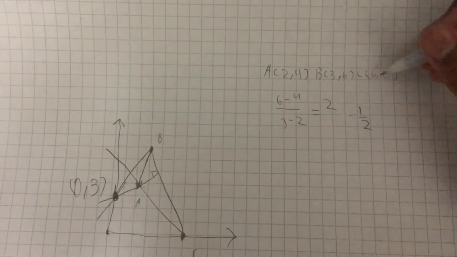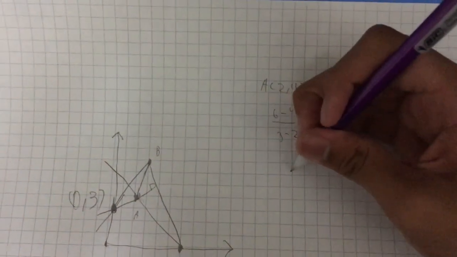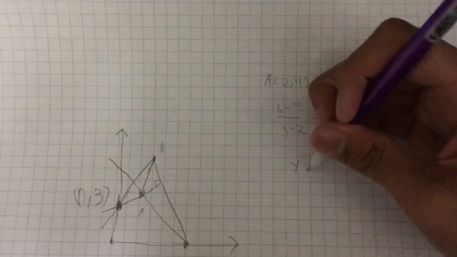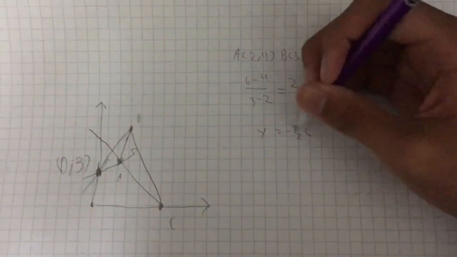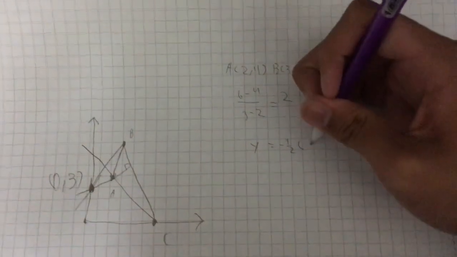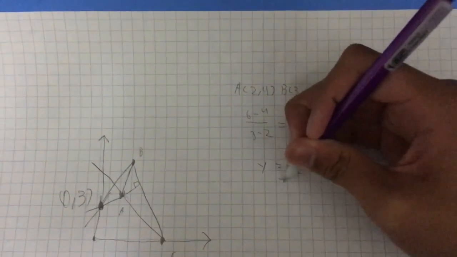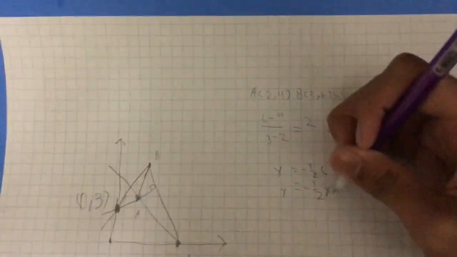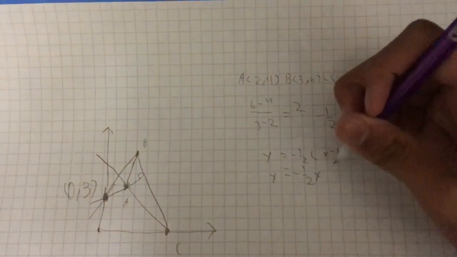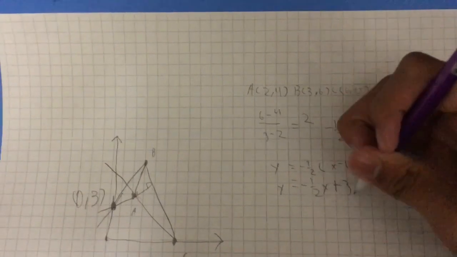And we have a point and we have the slope, so we can use point slope formula. So we can do y is equal to -1/2 times x minus 6, and we get the equation y is equal to -1/2 x plus 3.